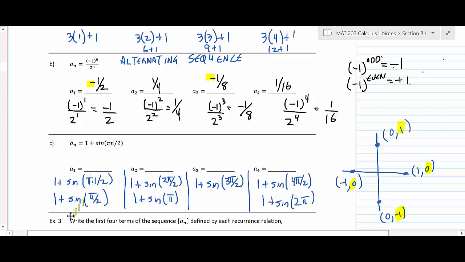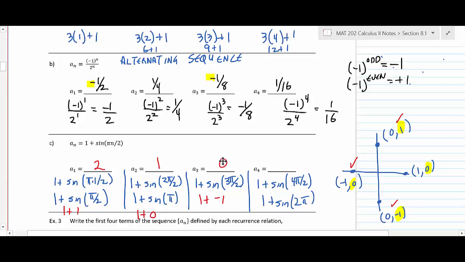For the first one, you're going to have 1 plus 1, so the first term in the sequence is 2. Sine of pi is 0, so you have 1 plus 0. The second term in the sequence is 1. Then go to 3 pi over 2: you have 1 plus -1, which is 0.